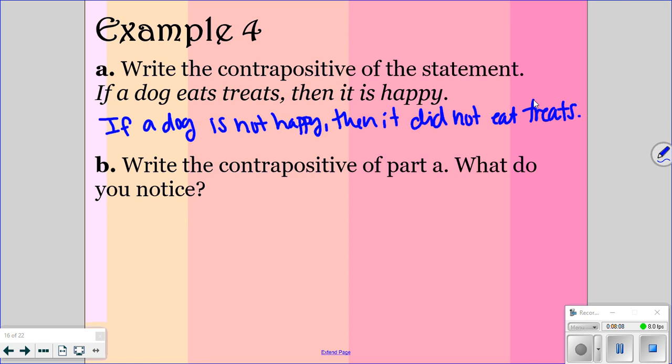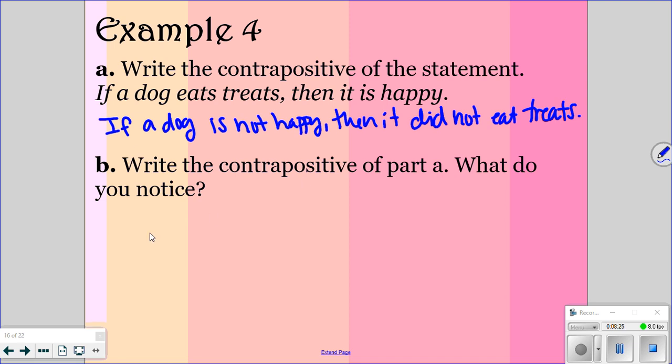So that would be your contrapositive. You could say it does not eat treats. It doesn't really matter to me. And then it says write the contrapositive of what we just wrote.